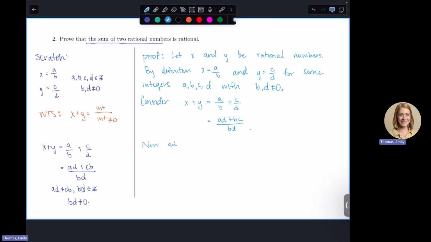Now, AD plus BC and BD are integers, and BD does not equal 0. Thus, X plus Y is rational whenever X and Y are rational.